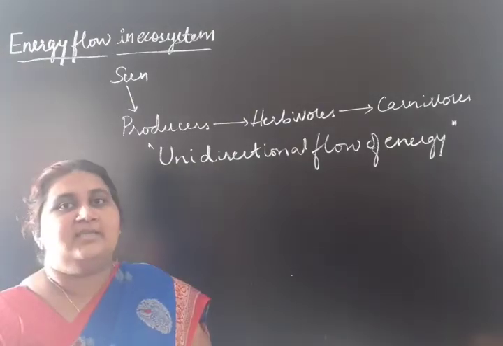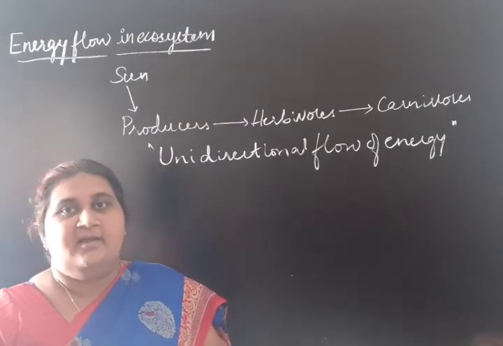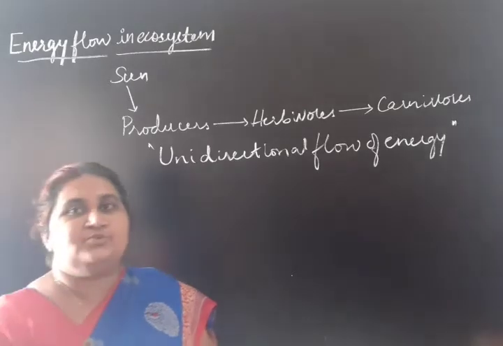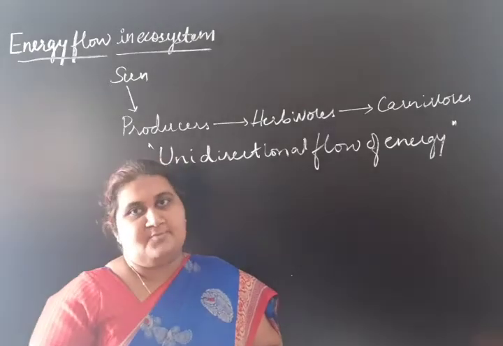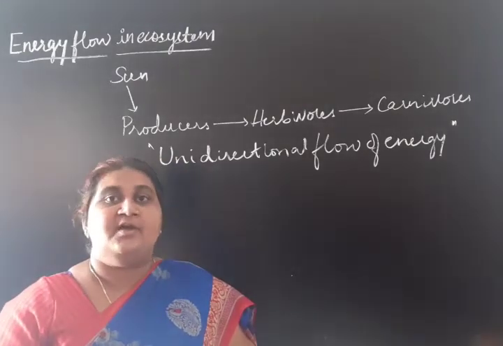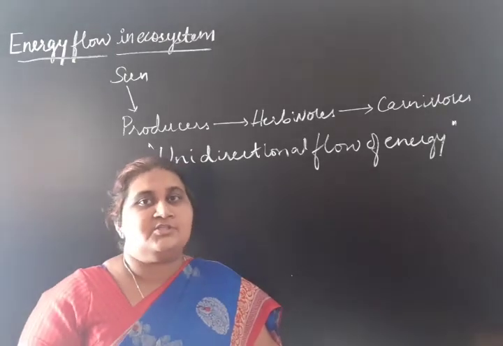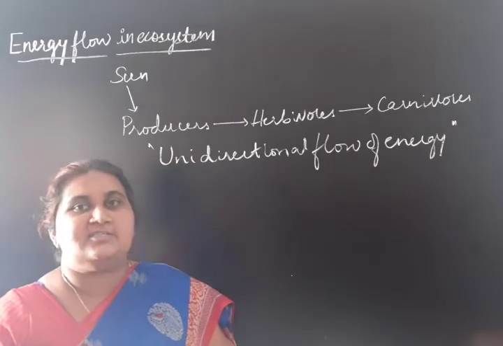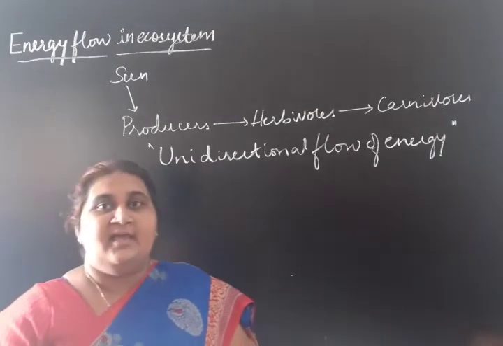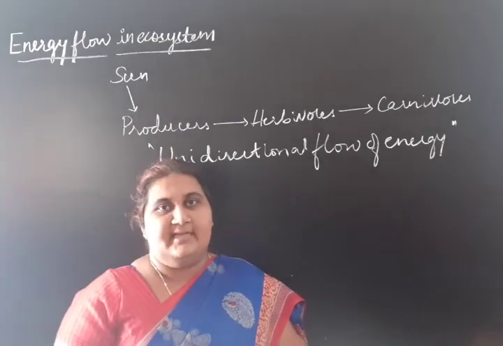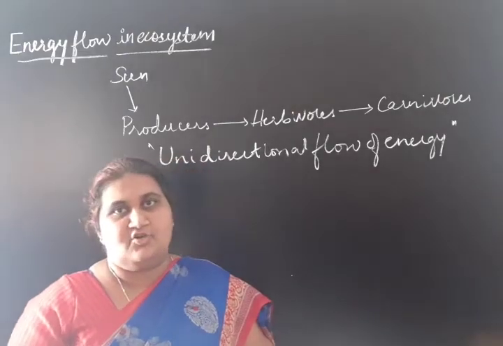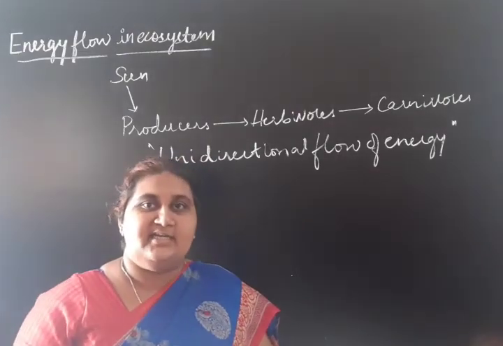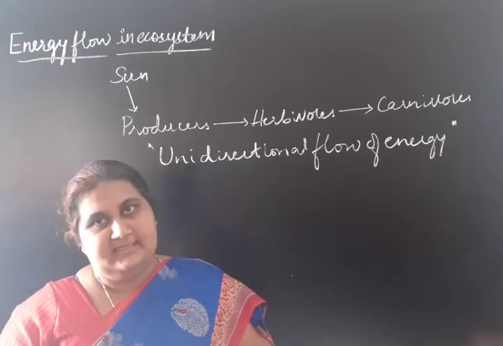Energy flow in an ecosystem follows two laws of thermodynamics. The first law tells that energy can neither be created nor destroyed, but can be converted from one form into another form.